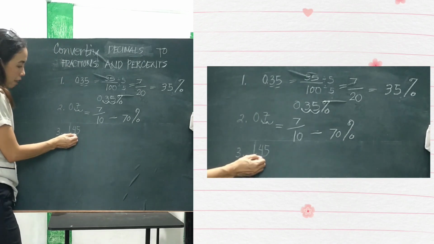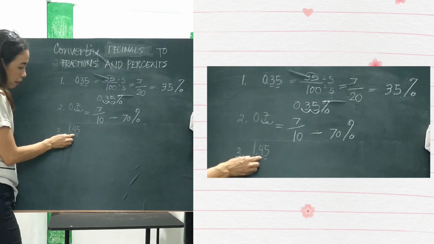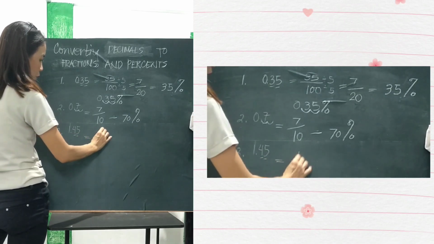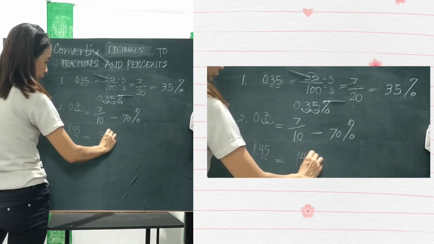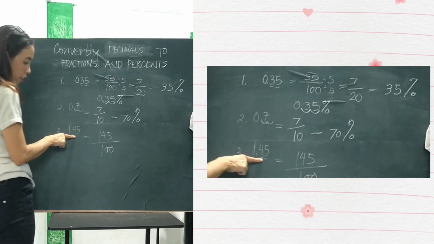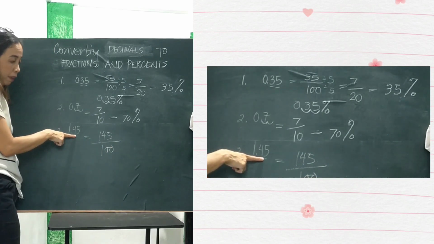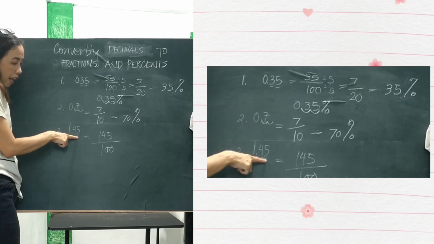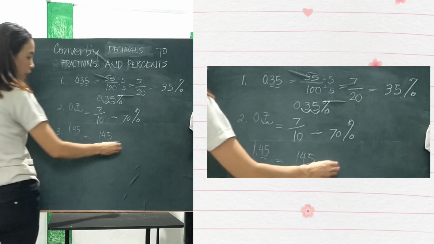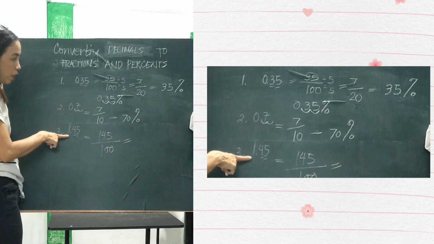1.45. 2 decimal places, 1, 2, this is tenths and hundreds. So our fractional part will be 145 over 100 because there are 2 decimal places. Okay? So tenths and hundreds. So that is 145 over 100. Convert this into percent.